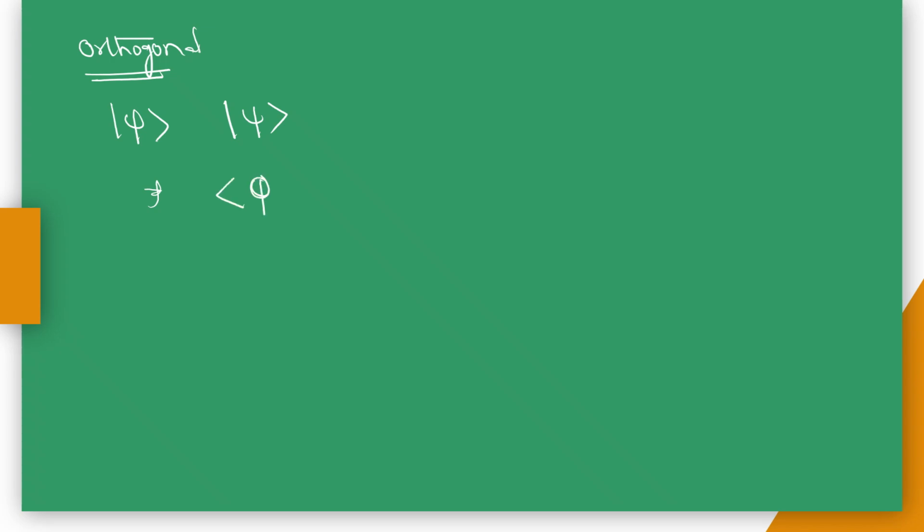I take the inner product between phi and psi. If it is equivalent to 0, this is called orthogonal. If they are mutually perpendicular to each other, then the inner product is 0.